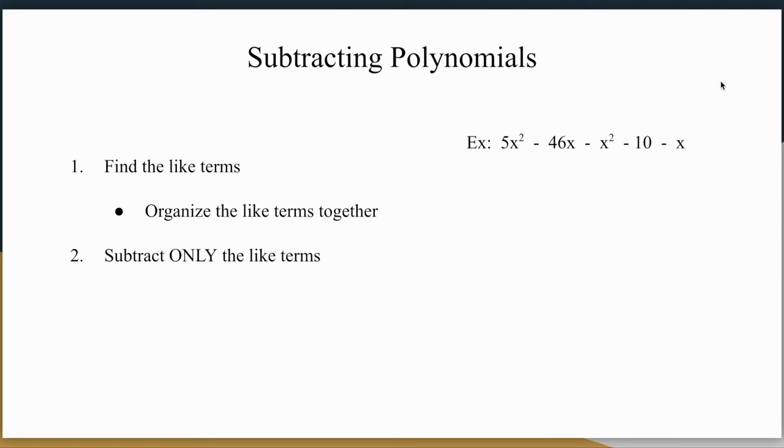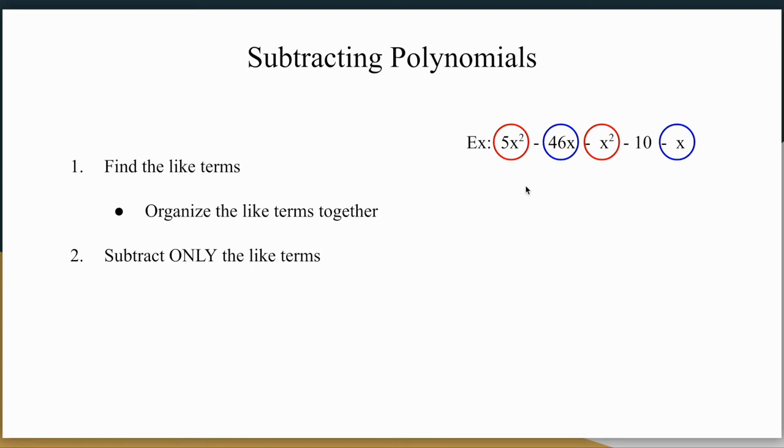Remember the first step is to find the like terms, which happen to be 5x squared and negative x squared. Okay, in this case, the symbol is very important. Negative x squared. Now the next set of like terms is 46x, which is negative, okay, and x, which is also negative. Now we're going to combine the like terms.